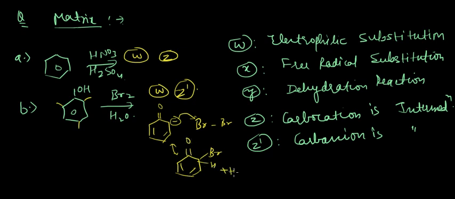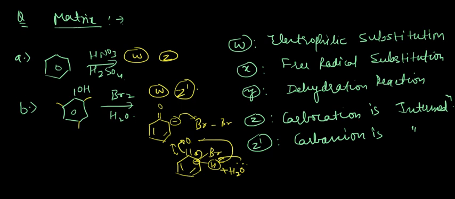Now in presence of again water, this will react on this, will have a negative charge here. It will form or restore the aromaticity in the benzene ring again, and the O will take its minus charge again, and this H would be again attacked by O. Okay, so the answer would be W and Z dash.